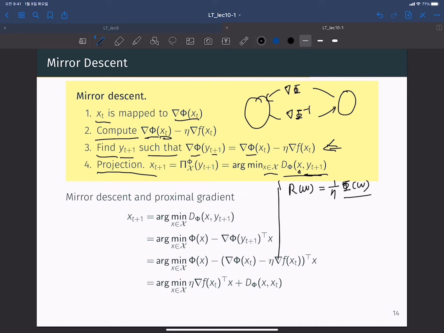we basically have to optimize for w_{t+1}, the argmin over w of the sum from i=1 to t of the gradient of f_i(w_i) inner product with w, plus R(w). Why?